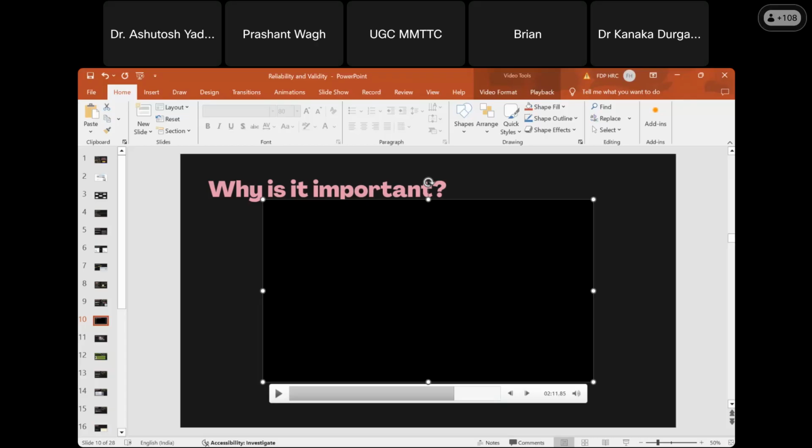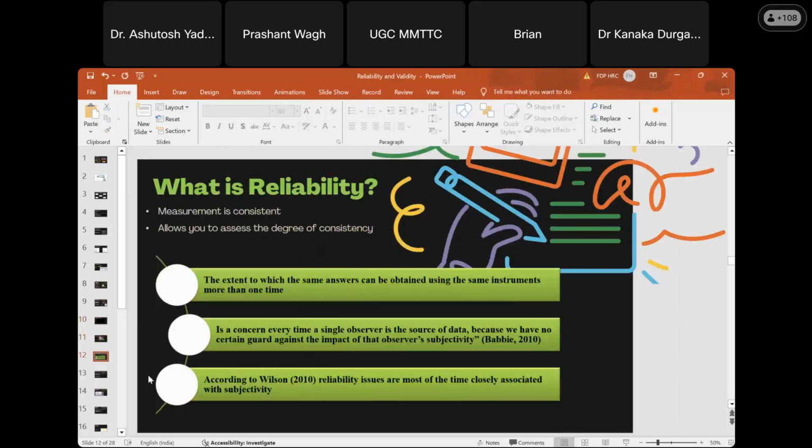Now, moving on, let us delve into what actually is reliability in the context of research instruments. So when a measurement is consistent, it is reliable. But of course, reliability does not mean your outcome will be the same. It just means that it will be in the same range.